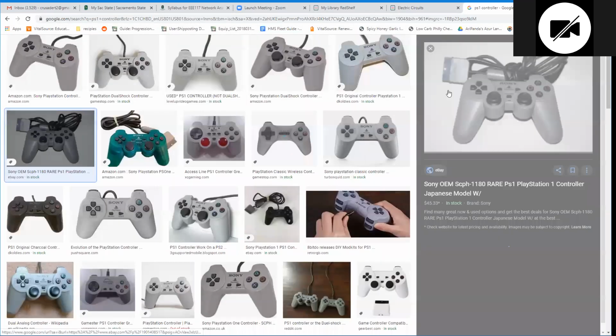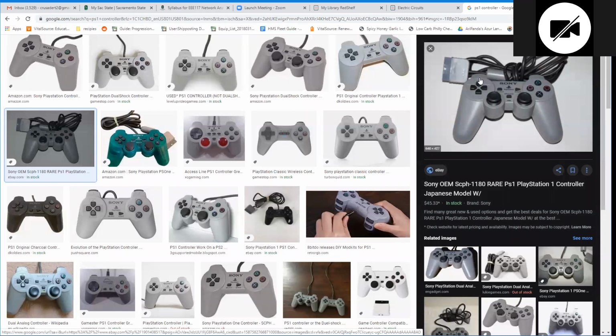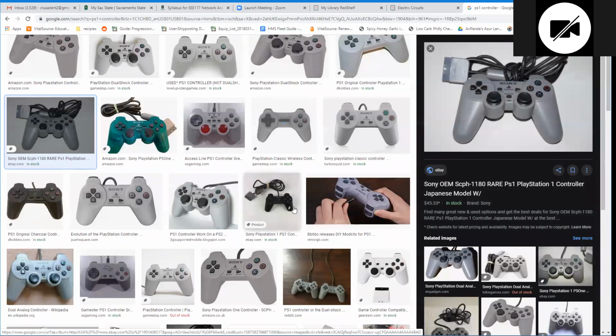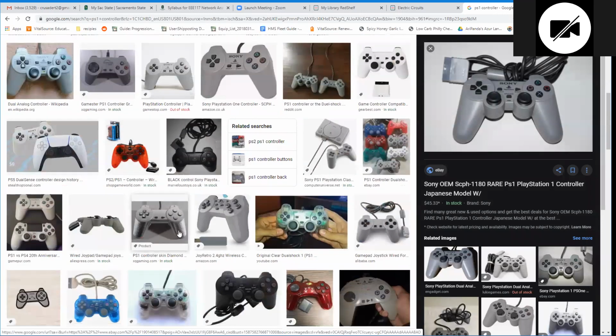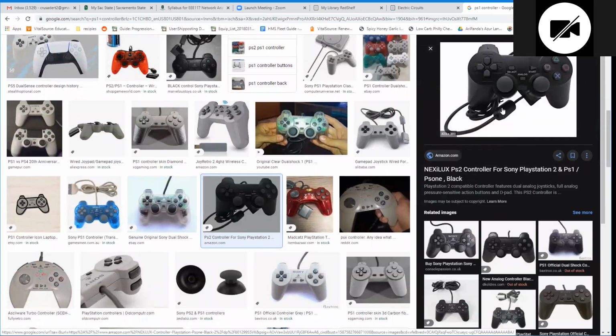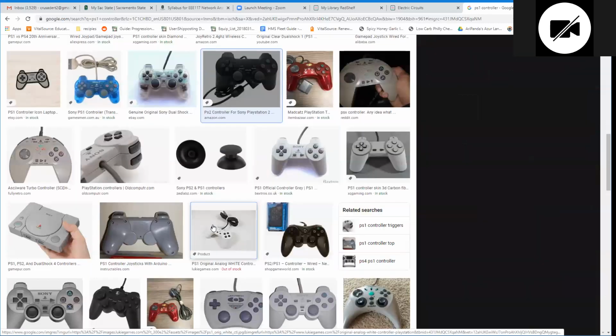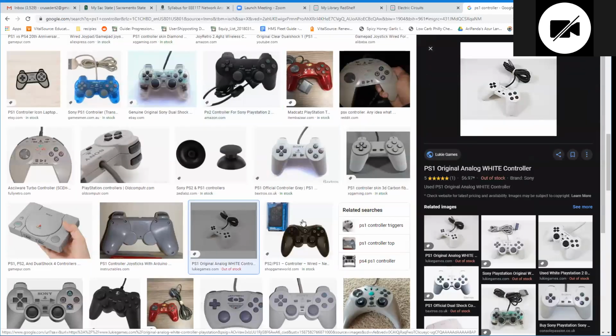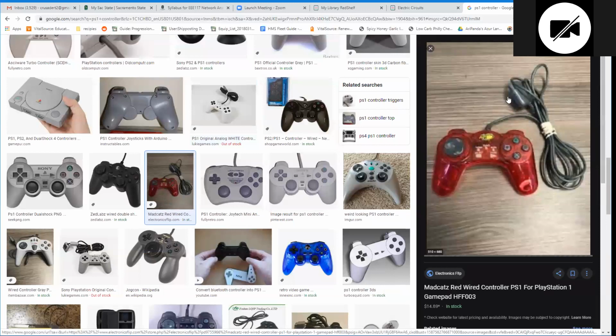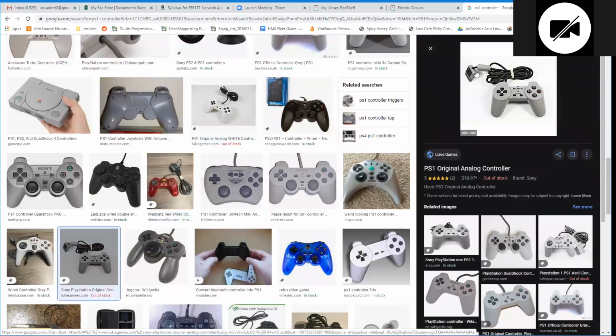If you remember the older ones, they had this little round plastic piece in front of it, right? Like right here. You see that little cylindrical plastic piece? Anybody have a clue what that thing is, what that's for? How come some of them, this one doesn't have it, this one has it right there, that one doesn't have it, this one has it right there?